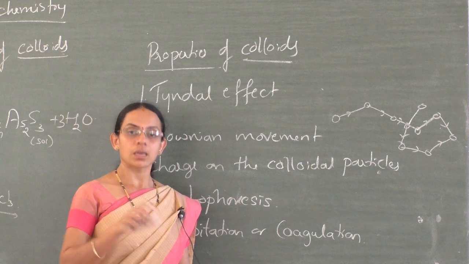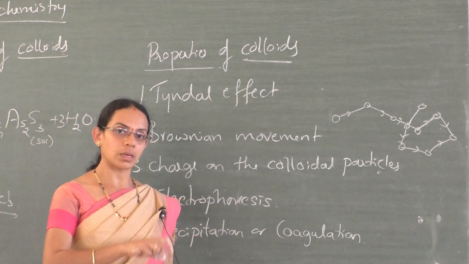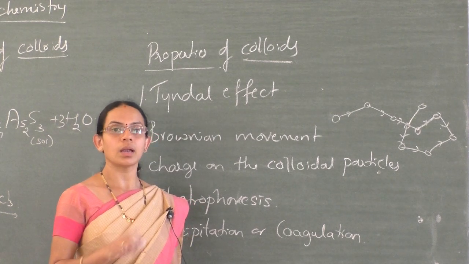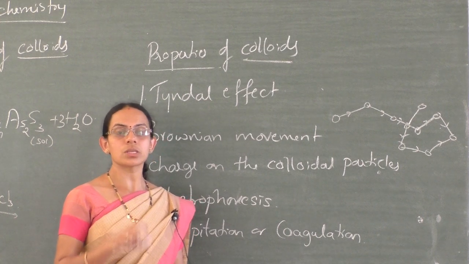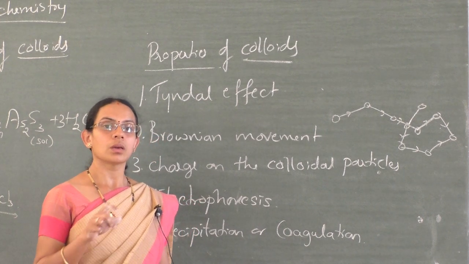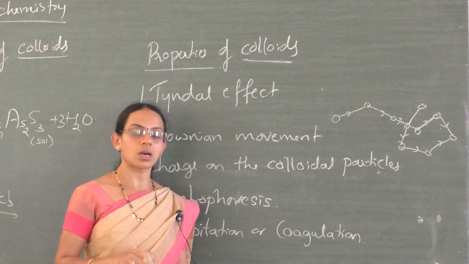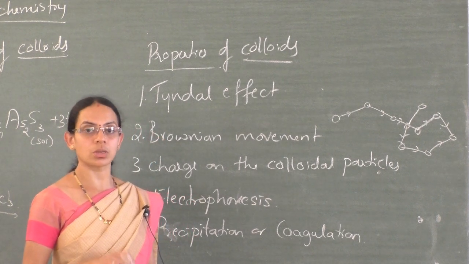By adding excess of electrolyte, the charge on the colloid particle attracts the counter ion present in the electrolyte, and that leads to coagulation. For example, a positively charged sol can be coagulated by adding a negative ion, or a negatively charged sol is coagulated by adding a positive ion.